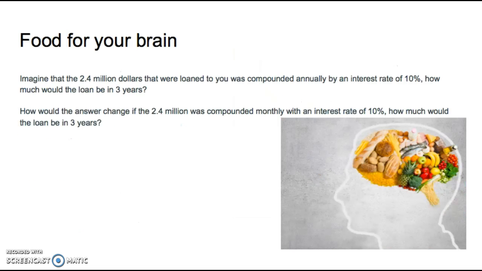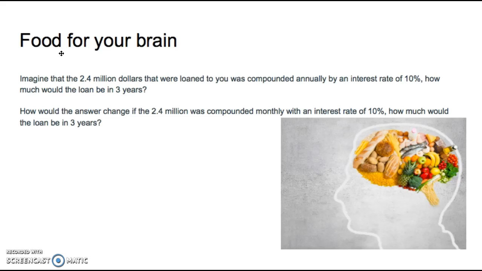And lastly, here is a little food for your brain. A lot of people in the discussion came up with the idea that the 2.4 million loan would accrue interest. So as DB leaders, we put a couple of questions in the discussion to get your brains thinking and tie this problem back to what we've already learned about interest.